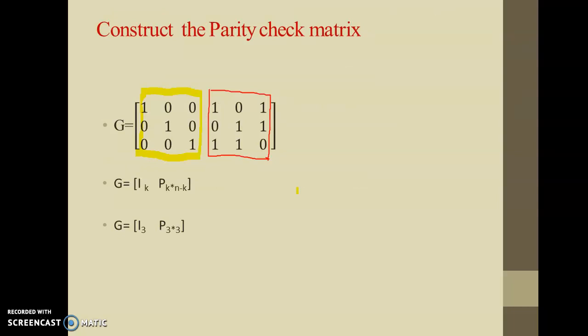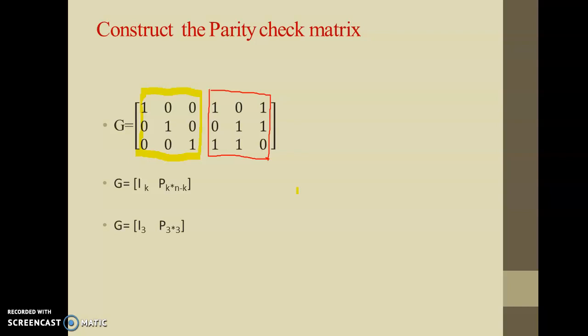So the generator matrix is given. We know that the generator matrix can be formed by an identity matrix of order k and a parity matrix of order k × (n − k). So for our particular example, the generator matrix is a combination of an identity matrix of order 3 and a parity matrix.